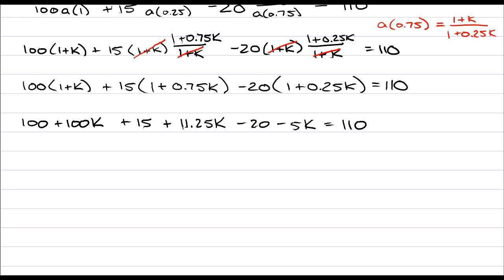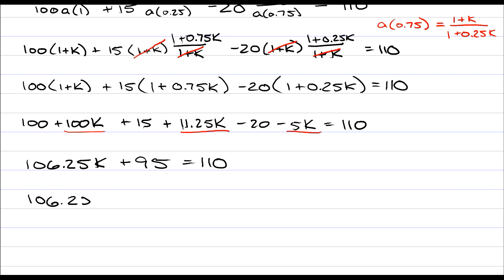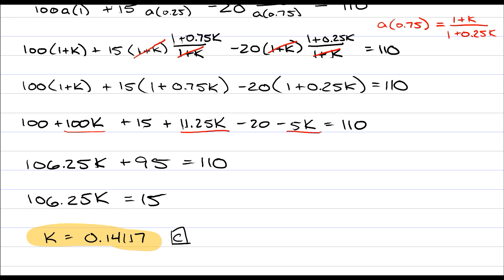I'm going to collect like terms. Bringing all the k's together, that gives me 106.25k. Putting all my constants together on the left-hand side, I get 95. So 106.25k equals 15, or k equals 0.14117, which is answer C. That's that. Long story short, I hope you don't get that problem on the FM exam.